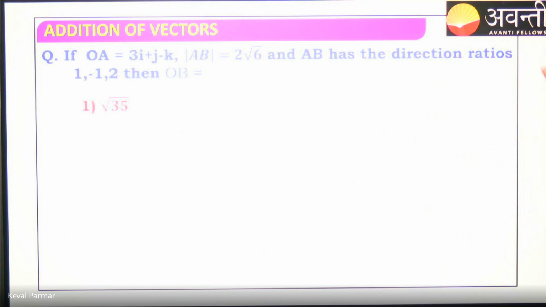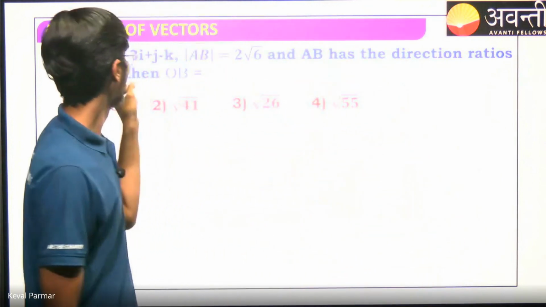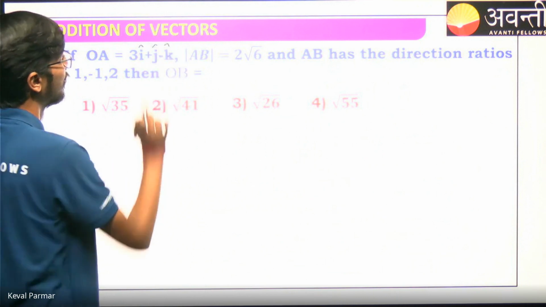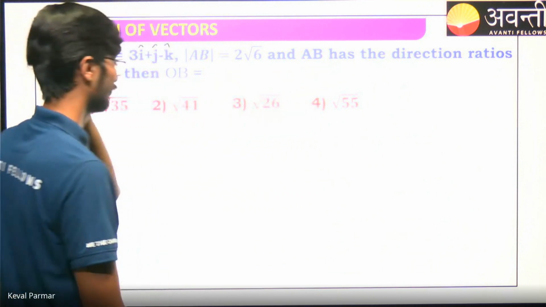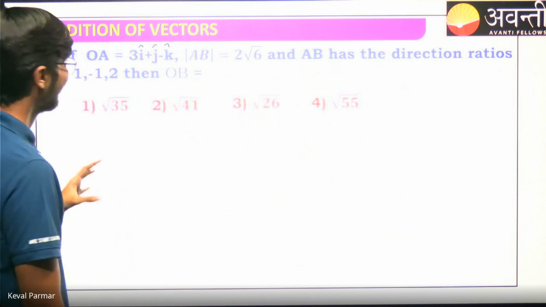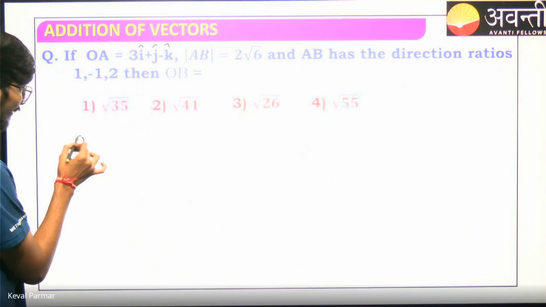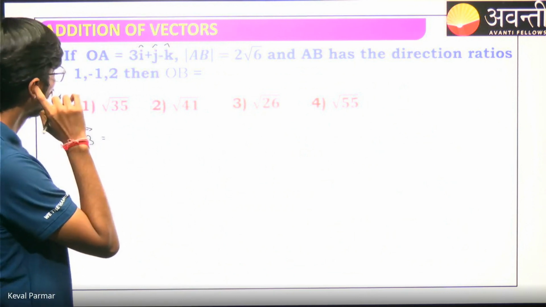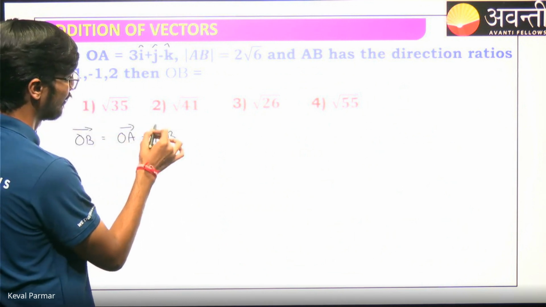Okay, here we have the options also. So it is given that OA is 3 i cap. AB vector has direction ratios 1, minus 1, 2. Then OB is equal to what? So we can use the triangle law. I can write the OB vector as OA vector plus AB vector.